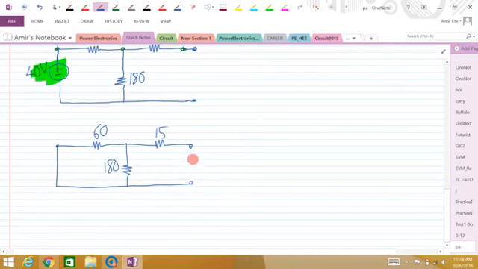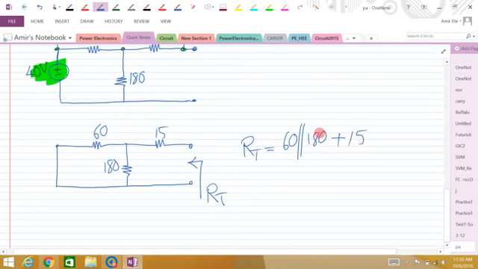So now that I have turned off all the sources, my Thevenin resistance is basically the equivalent of this network here, which is 60 in parallel with 180 and the whole thing in series with 15. 60 and 180, if you do the math, is 60 times 180 over 60 plus 180. Here we get 45. 45 plus 15 is 60.